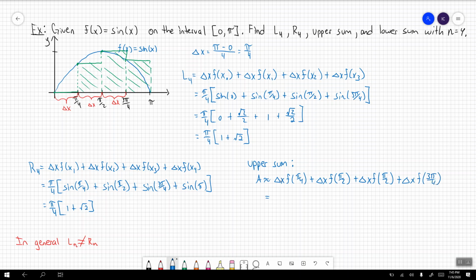And so what we have here is we're going to factor out the delta x. That delta x, once again, was pi fourths. And to evaluate the function at the upper values that we found for every single interval, we're going to get sine at pi fourths plus sine at pi halves plus sine at pi halves plus sine at 3 pi fourths.